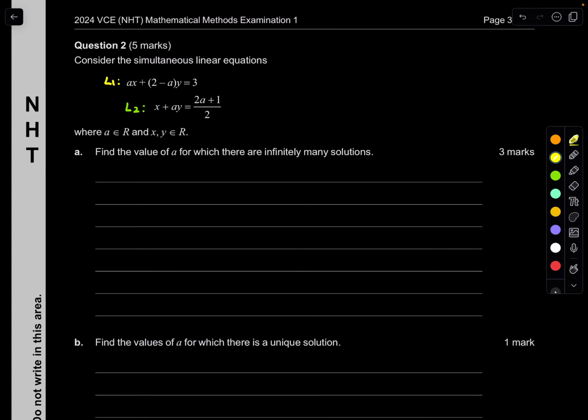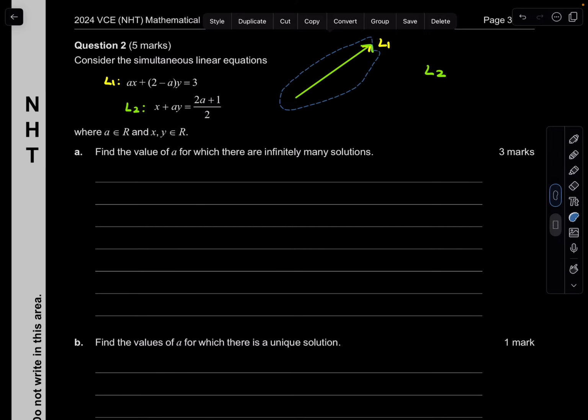If I draw the straight line of line 1, and line 2 with the same gradient right now, and we want them to have infinitely many solutions, they must be on top of each other, meaning they intersect forever, so we get infinitely many solutions.